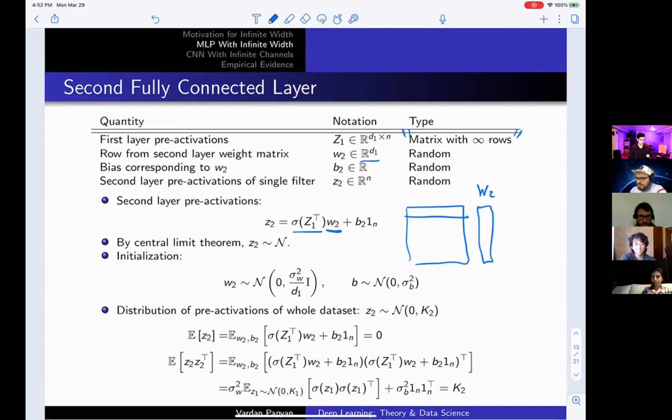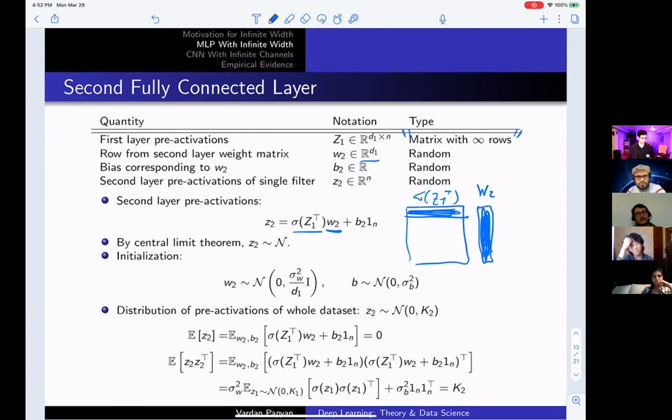And here you would have sigma(Z1) transpose, right? And so when you multiply this row by this column, you have essentially a sum over infinite quantities, right? And so if you have a sum of infinite random quantities, by the central limit theorem, it converges to being a Gaussian.